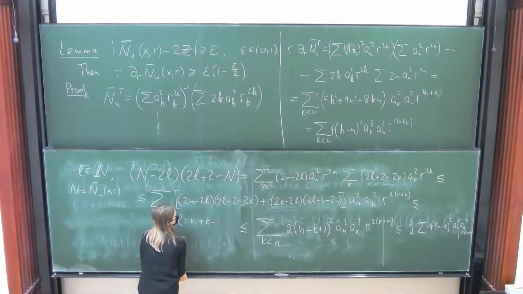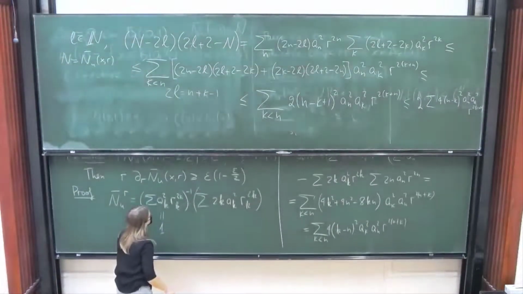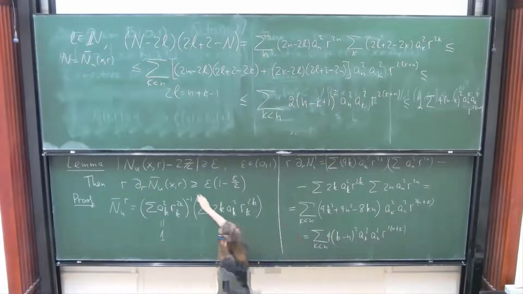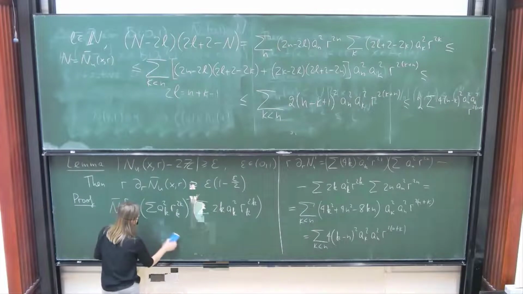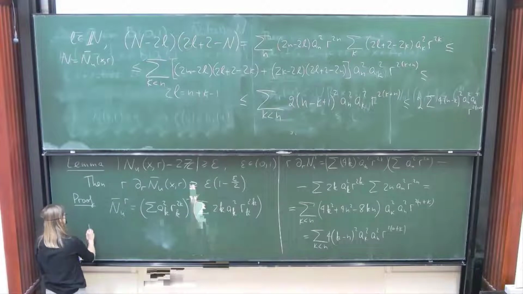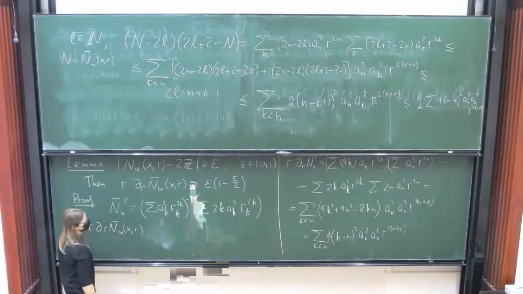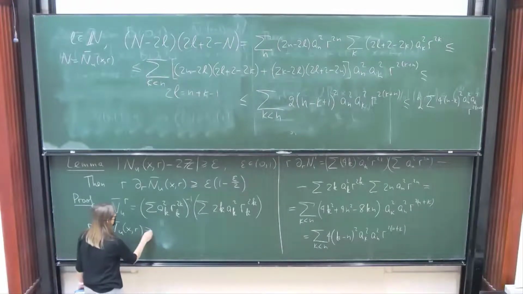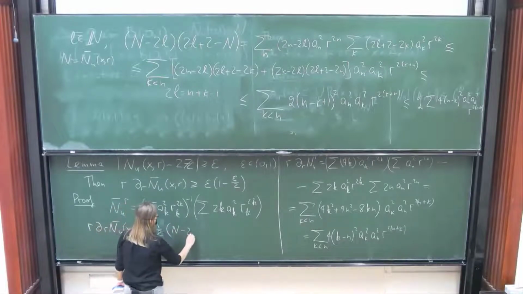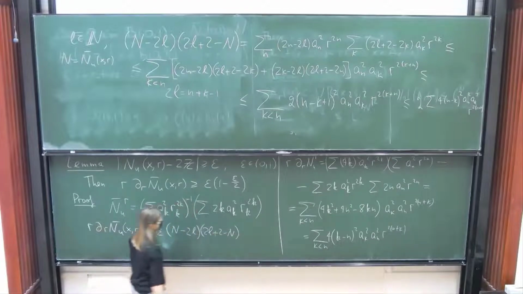And going back to my lemma, what we did, we took L that is closest to our frequency, and we proved that this derivative is larger than 1/2 times n minus 2L, L plus 2 minus n.